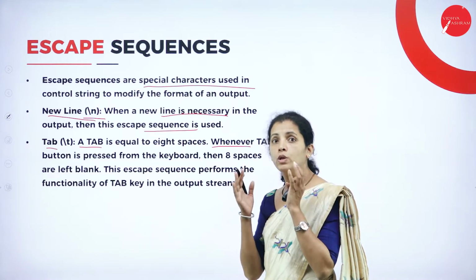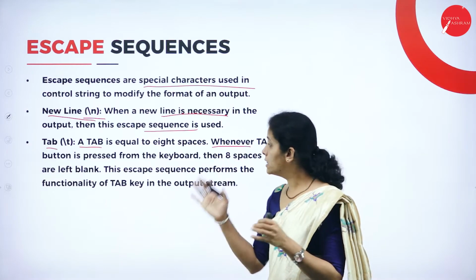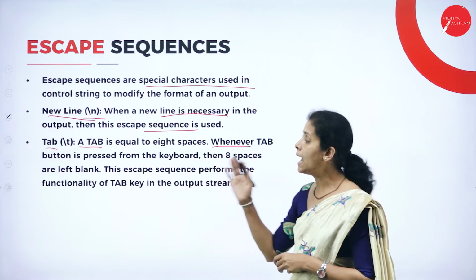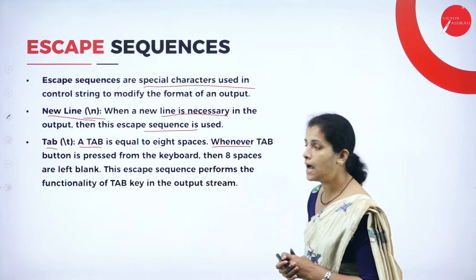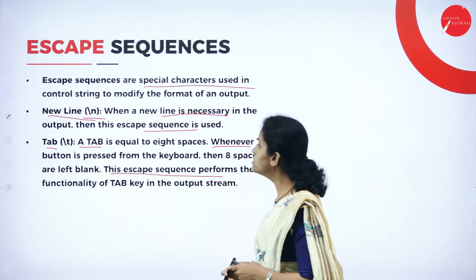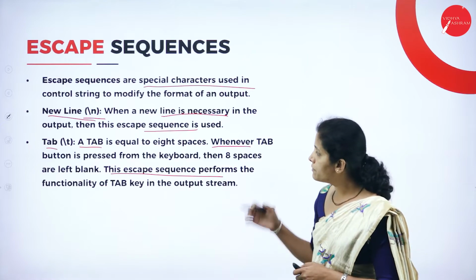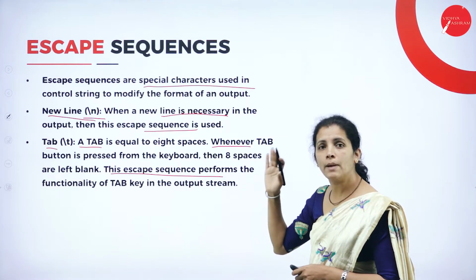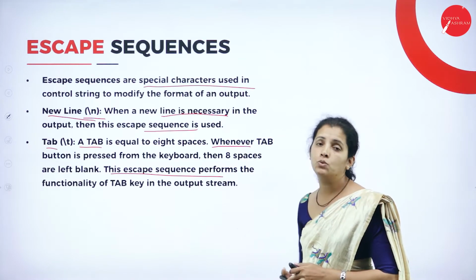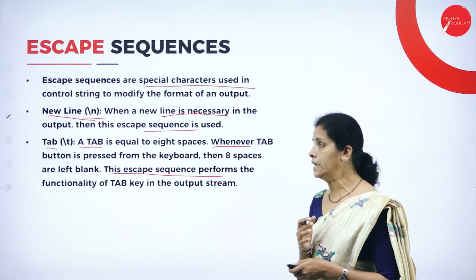So when I want to give blank space between two words, I'm going to use tab, that is \t. This escape sequence performs the functionality of the tab key. Suppose I use \t in my program, then it's going to perform the functionality of the tab key.